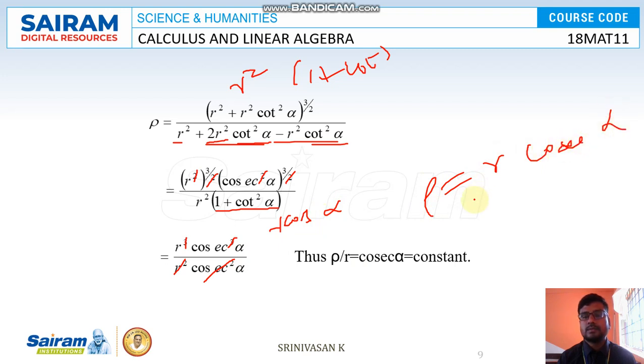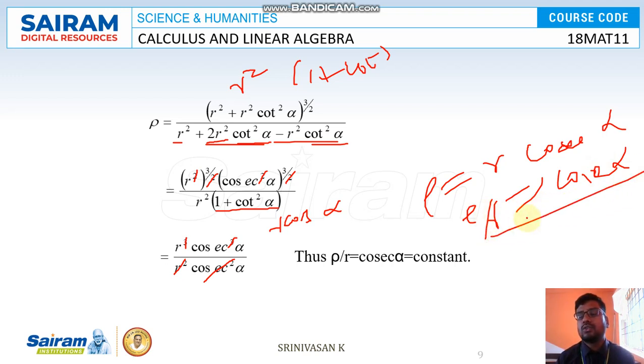Clear? Then ρ by r, taking this in the opposite direction, ρ/r = cosec α. So clearly ρ/r = cosec α. Hence the proof: ρ/r = cosec α = constant.